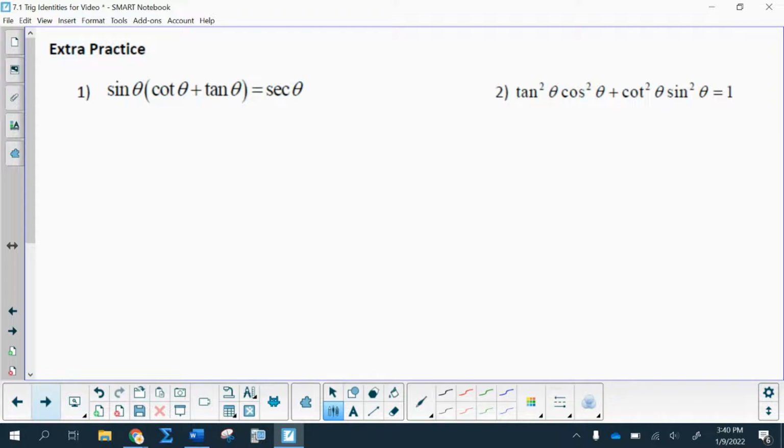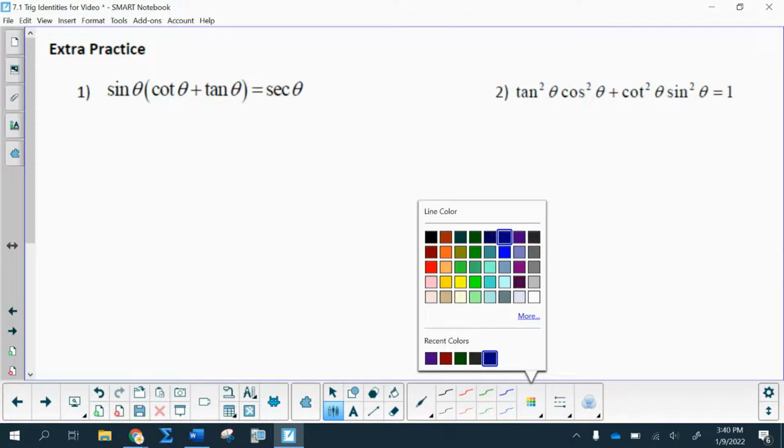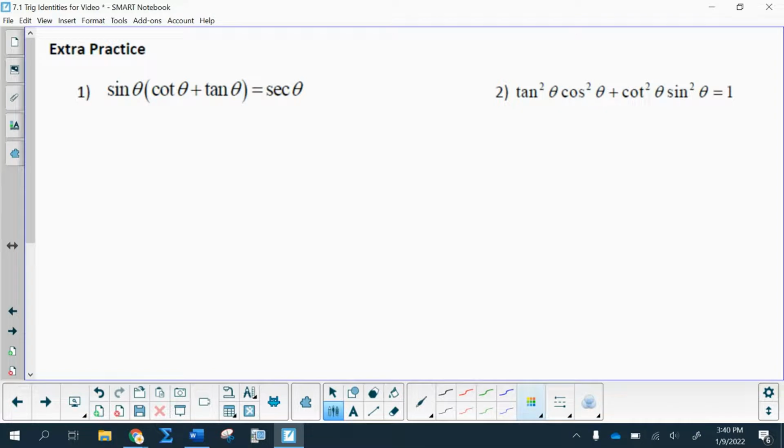So when I look at this first one, clearly the left side is more complicated than the right side. So what I'm going to do is distribute that sine, but before I do that, I'm going to rewrite cotangent and tangent in terms of sine and cosine.